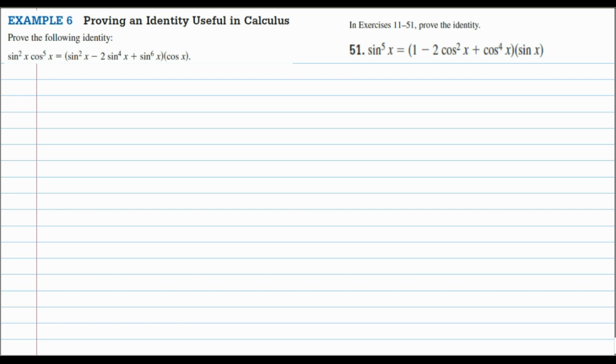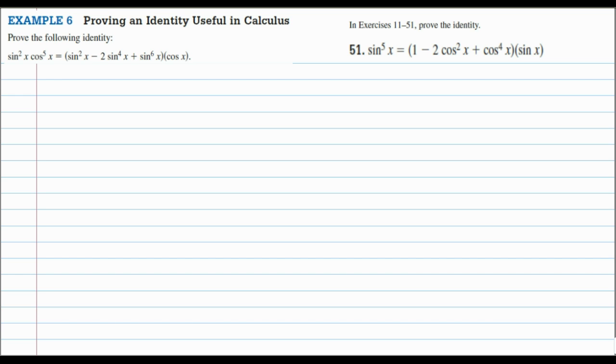So we're going to start out by proving the following identity, that sine squared times cosine to the fifth of x is equal to that big old mess. Well, man, this is tough. On the right side, I see that is definitely more complicated. The left side is more simple. Which one do you want to start with?